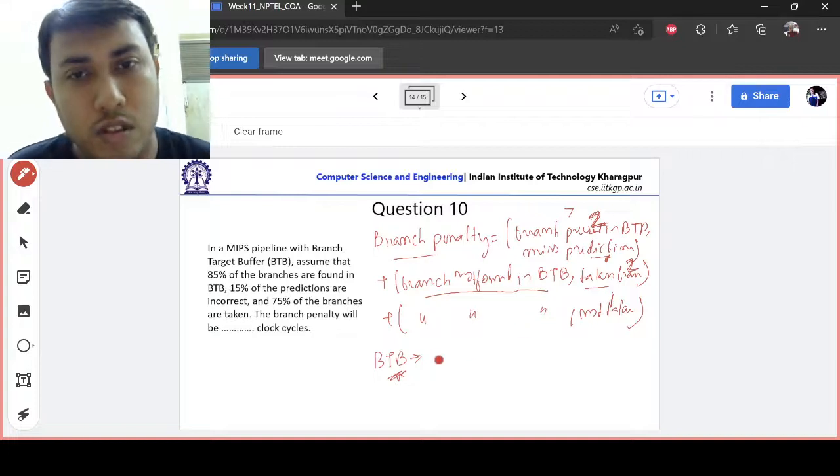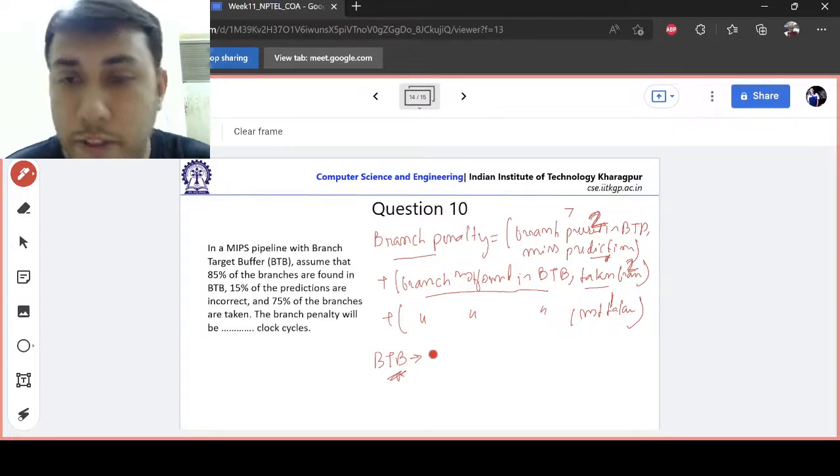So if we calculate this, what is given is 85% of the branch are present in BTB.